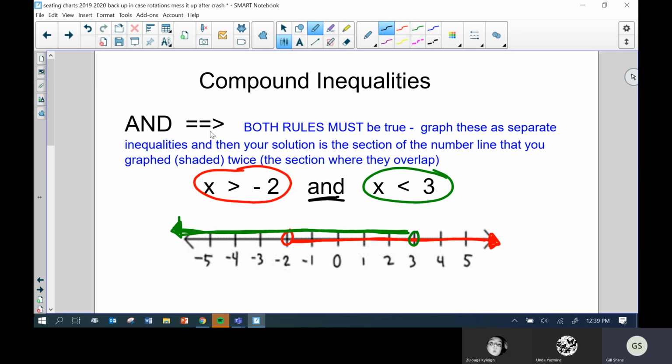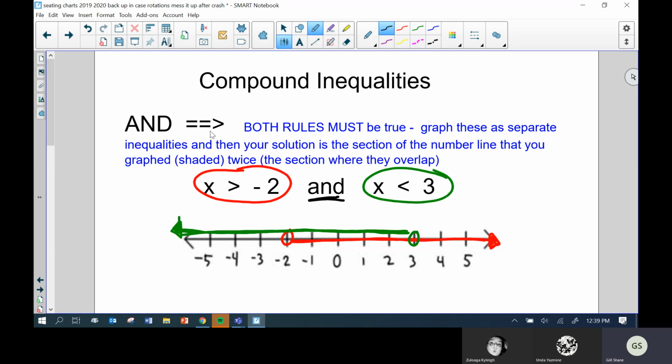Again, we have to be greater than -2 but less than 3, so our solution is in between those two numbers. Same concept. No matter what type of numbers and symbols you have, if you do this process, just shade both of them separately and then look for where you have an overlap, where you have both of the shadings, in this case both of the colors, that's your solution.